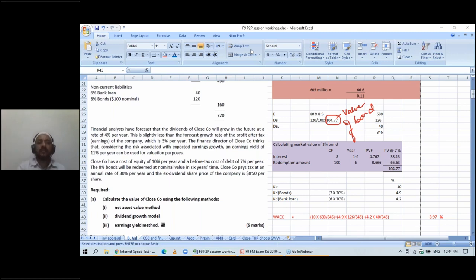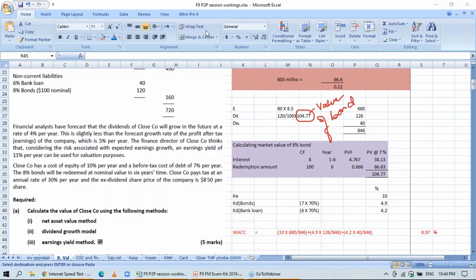So let's calculate the present value of the interest and the repayment amount from this bond to arrive at the market value. So now I will show you how to calculate the value of this bond. So this is how I have calculated the value of the bond. The face value of the bond was 100 million.